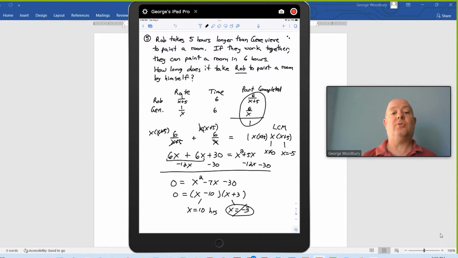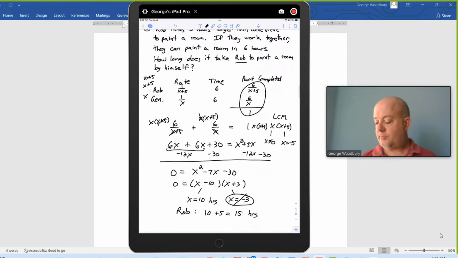So that 10 is going to go in for Rob's time. Again, Rob's time is x plus 5. Genevieve's is x. So Rob's time is going to be 10 plus 5, or 15 hours. If you were asked for Genevieve's time, it would be 10 hours.